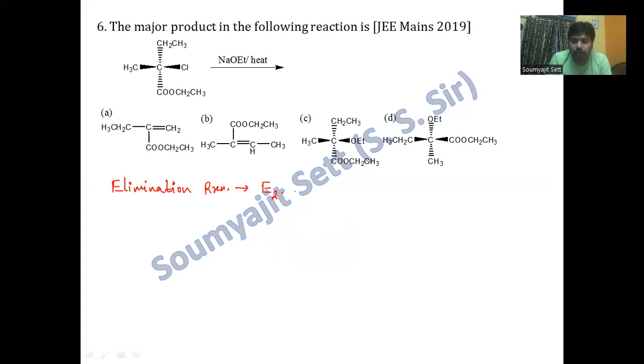And as we know, in elimination bimolecular, the main factor is anti-elimination. Anti-elimination is important. So we have to see which product anti-elimination will lead us to. Let's start.